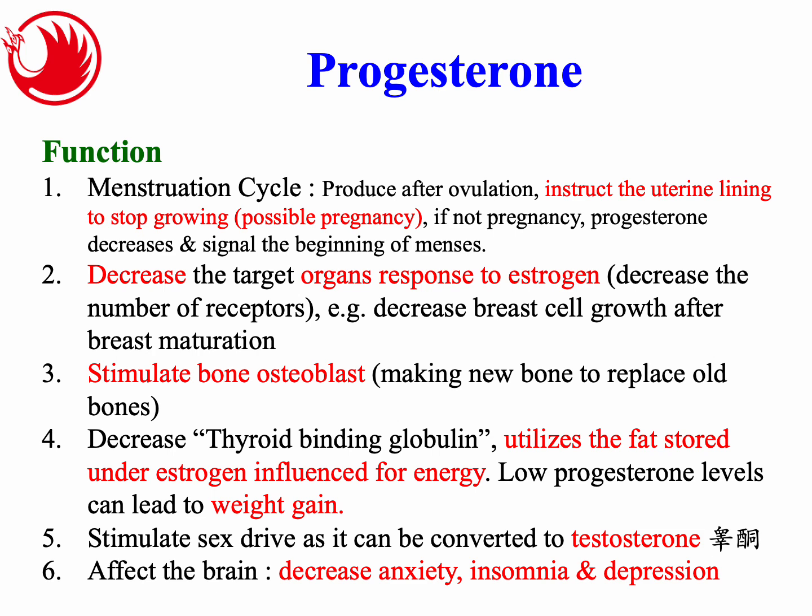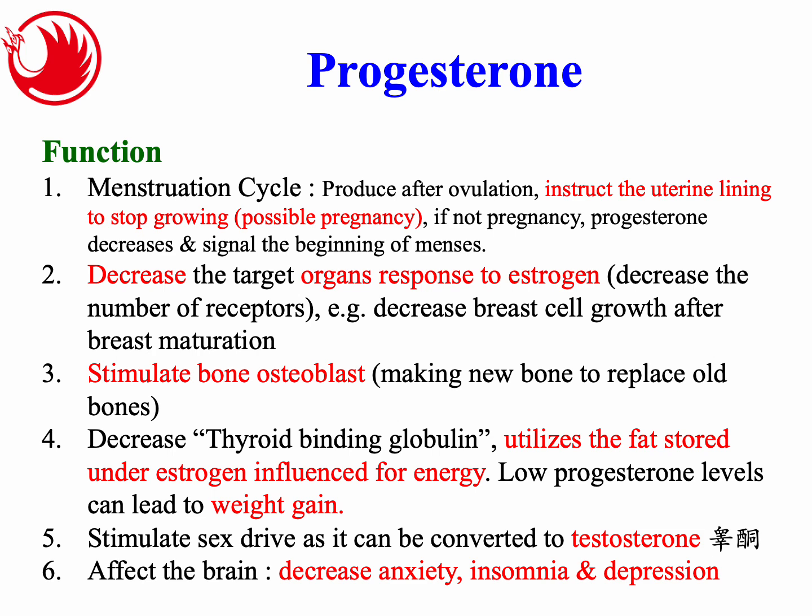For example, after breasts have fully developed during puberty, progesterone helps to limit further growth of the breast cells, balancing the effect of estrogen. Another function is stimulating bone formation.